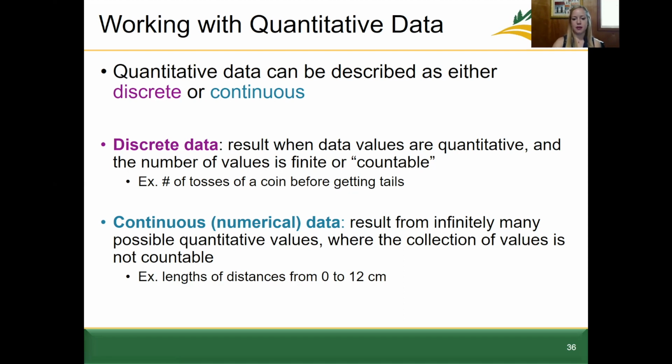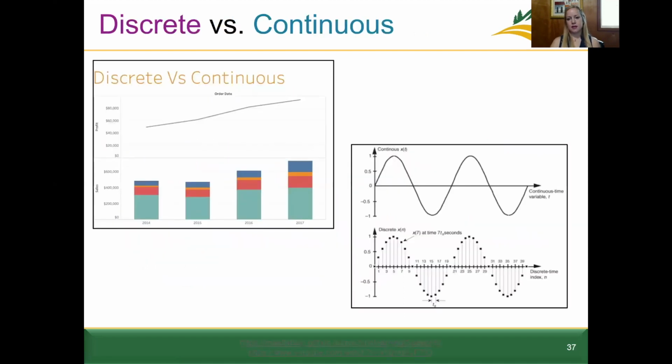And I'll show you another slide about this to picture it. So you might see different graphs like this. This is how we can separate in our heads discrete versus continuous. Discrete, again, we have these countable finite measurements. For example, this bar graph on the bottom is an example of discrete. But for the line graph right here on top, we have a continuous set of values.